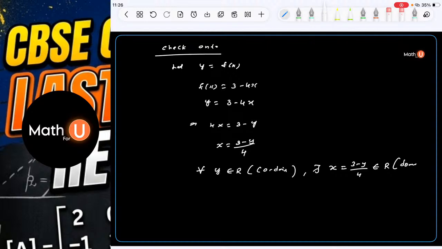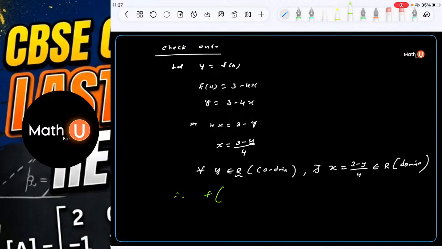That is nothing but in the domain. You should write this sentence, this is very important. That means in place of y you can substitute any real number, there exists a pre-image, there exists some x value in the domain. Then after writing this you can write directly f is onto, otherwise you can prove it.